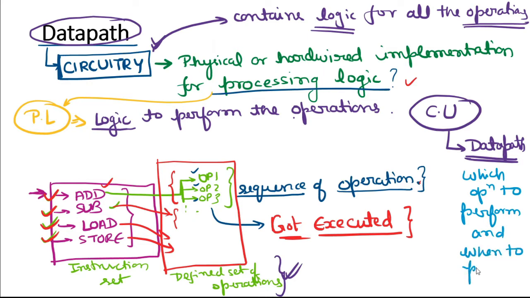This means data path has the logic implemented inside it for all the operations. Whenever a particular operation is to be performed, control unit tells data path to perform this particular operation at this particular given instance of time.